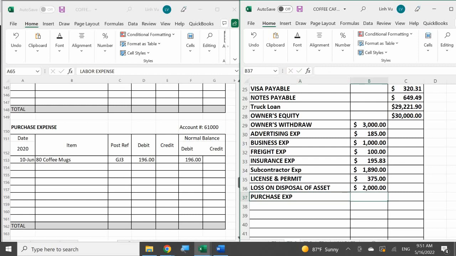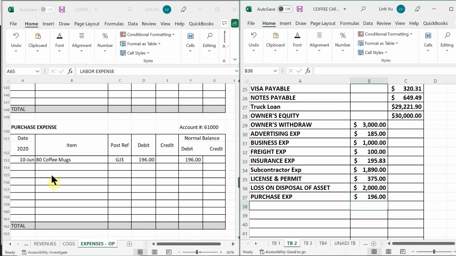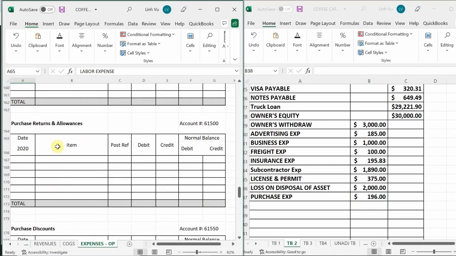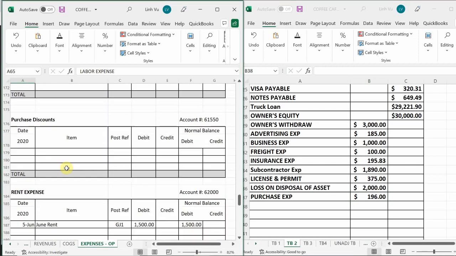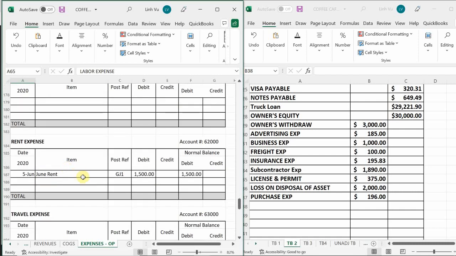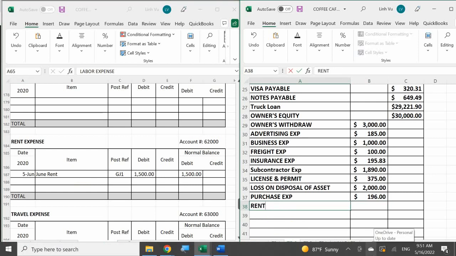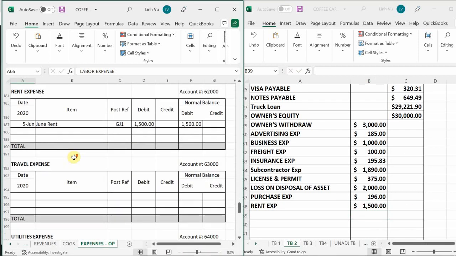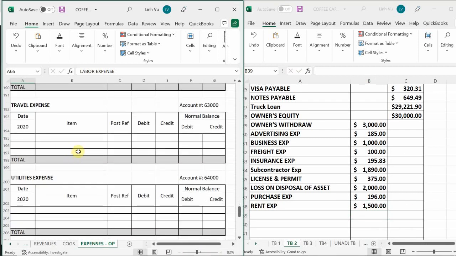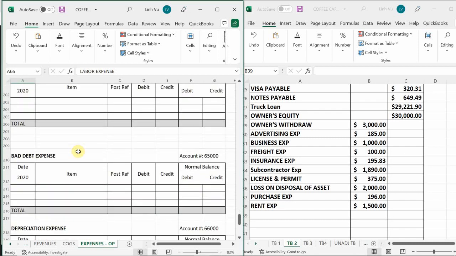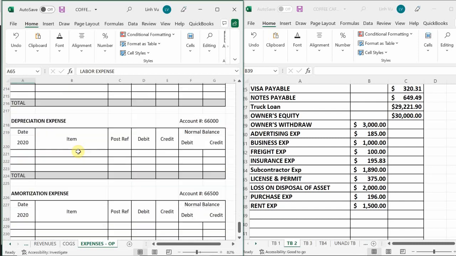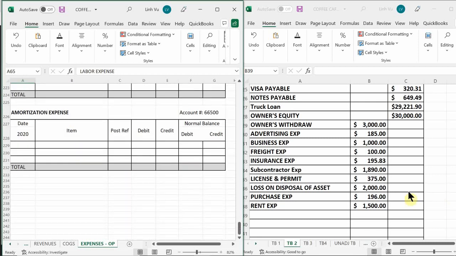How much is my purchase expense right now? $196. Okay. Haven't had a return or allowance or a discount yet. We did have some rent expense, for $1,500. Any travel expenses, utilities expenses, bad debt, depreciation, amortization? None.